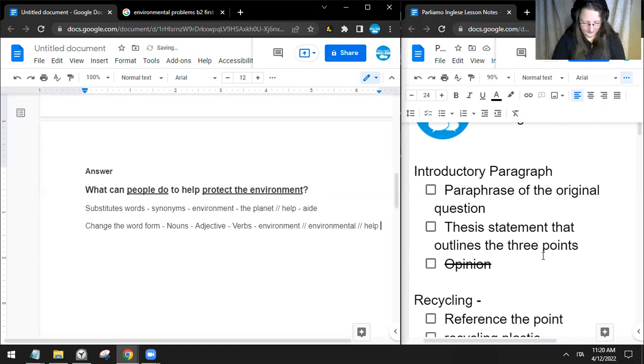Help could become helping or helpful. So we basically take the root word and see what other similar words can come off of that same root word.